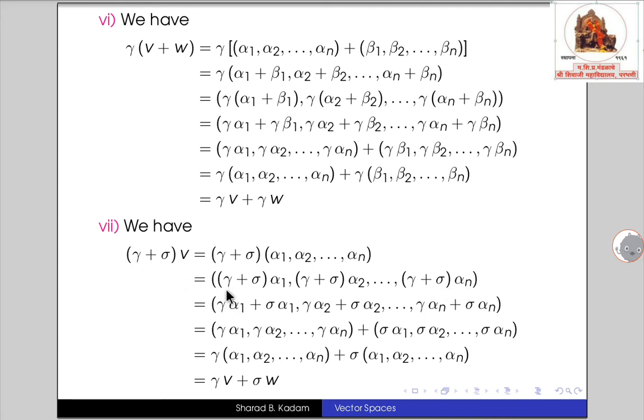As we know, gamma, sigma, alpha 1, alpha 2, alpha n all are scalars. That means they are elements from the field F, and in F the distributive law holds. So the first component will be gamma into alpha 1 plus sigma into alpha 1. The second component will be gamma into alpha 2 plus sigma into alpha 2, and the nth component will be gamma into alpha n plus sigma into alpha n.